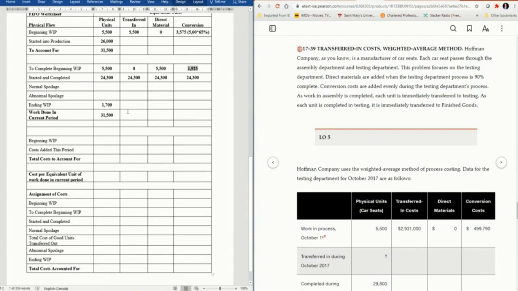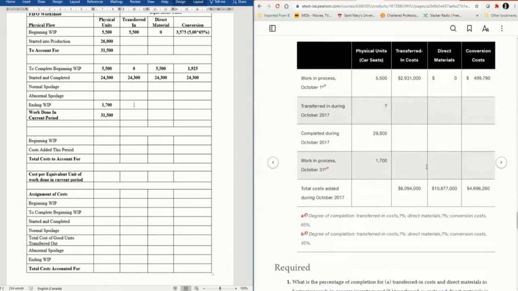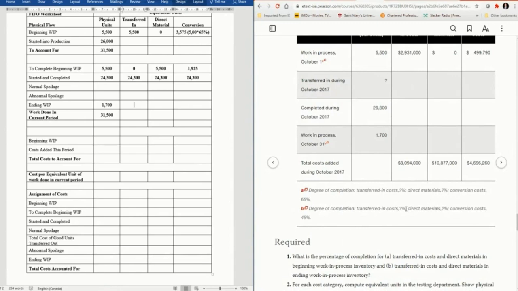Now, what about the ending WIP? Well, what do they tell us over here? Ending WIP, they don't tell us transferred in and direct materials. We have to figure that out, but that's pretty straightforward because they're either in or out. And conversion is 45% done. So I know we have 1,700 physical units. We can't test anything unless it has at least the beginning mechanics in it to test. Has it reached the 90% point?